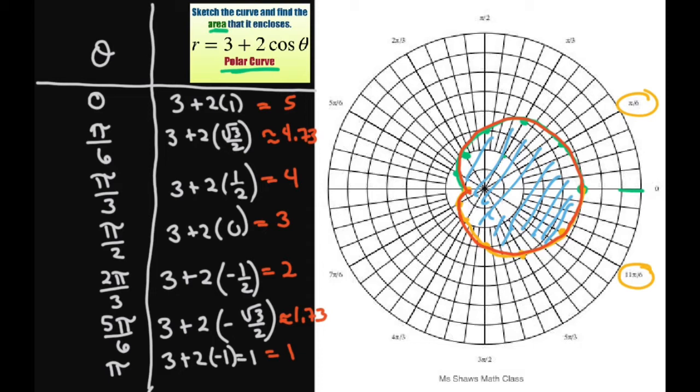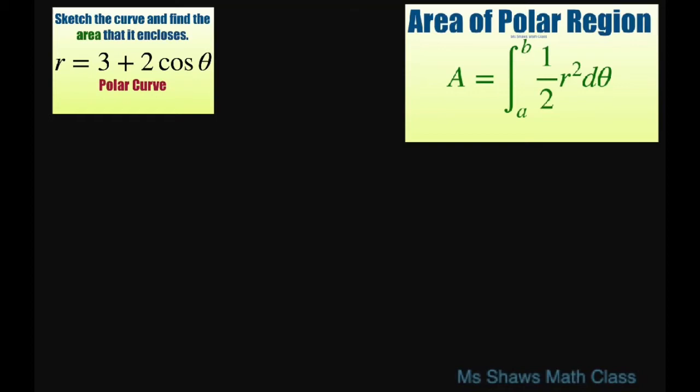Since it's in all 4 quadrants, we're going to integrate from 0 to 2 pi. All limaçons usually will be integrated from 0 to 2 pi. If it's a circle, that can be a little different. So let's set up our integration for our area.